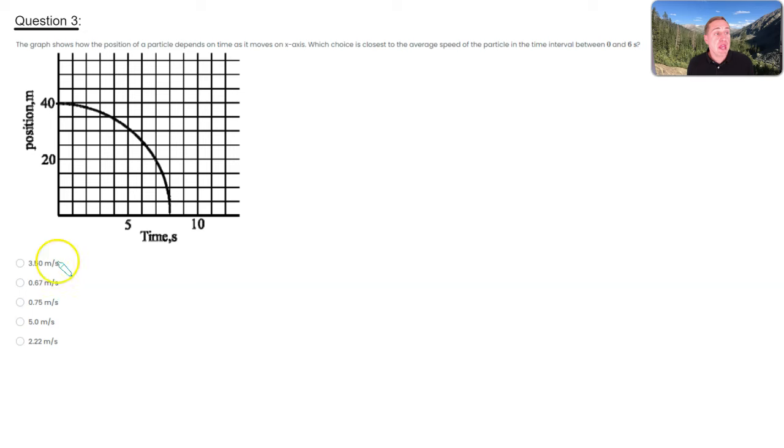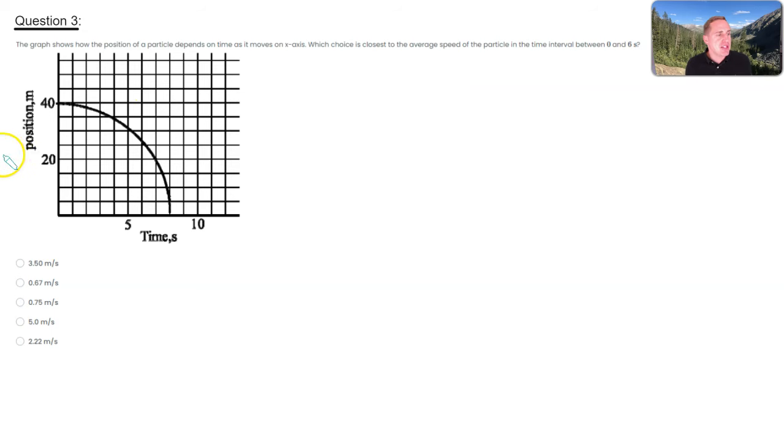Okay, so here we have a problem, question 3, that says the graph shows how the position of a particle depends on time as it moves on the x-axis. Which choice is closest to the average speed of the particle in the time interval between 0 and 6 seconds?